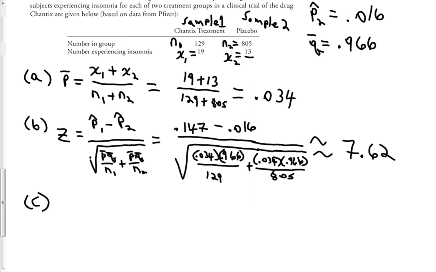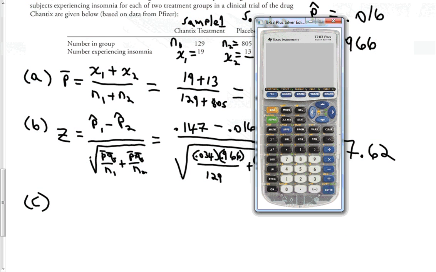We're going to need to use the inverse normal function on the calculator. Let's turn it on first and clear it. We go to second, distributions. We need the inverse norm because we're looking for a z-score.